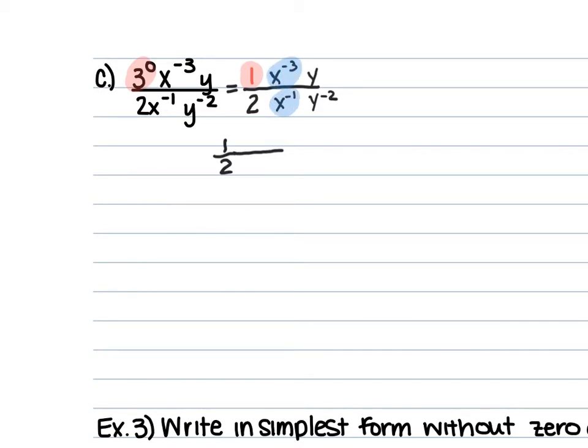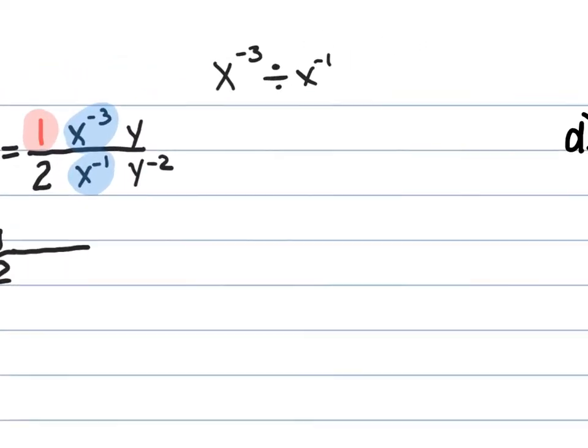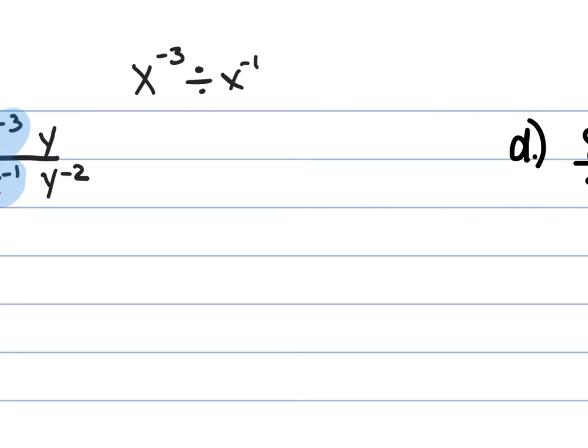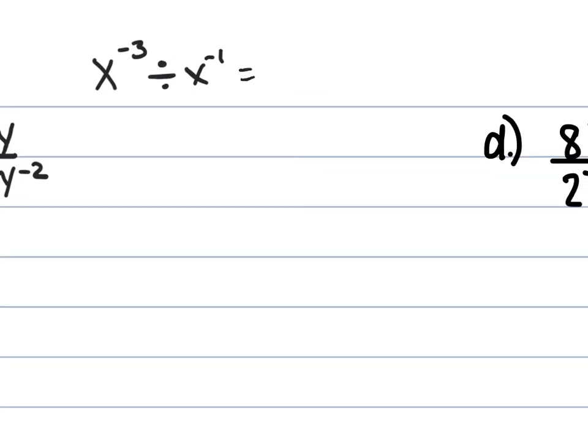So if we look at the x's, we've got x to the negative third power divided by x to the negative first power. Now remember, I told you that when we divide two things with the same base, it's the same thing as subtracting their exponents. So if I wanted to rewrite this, it would be x to the negative 3 minus negative 1.